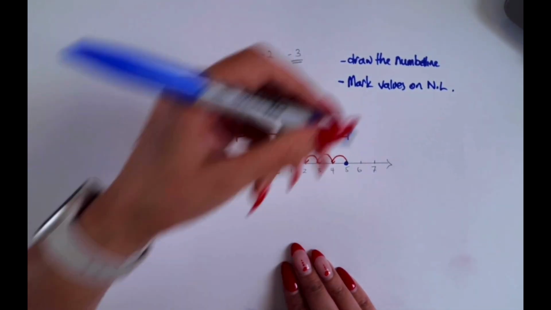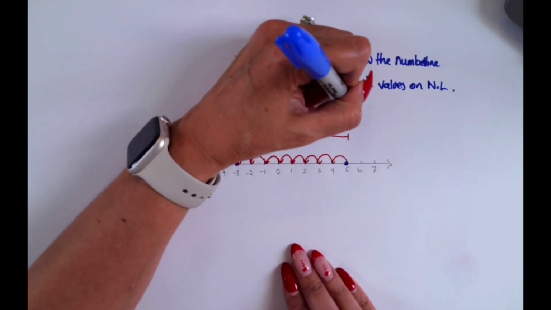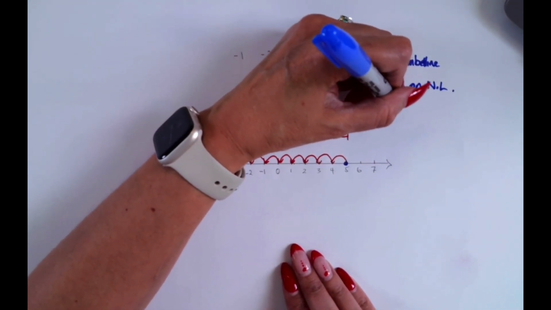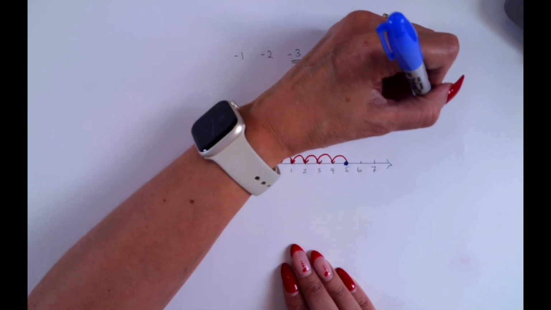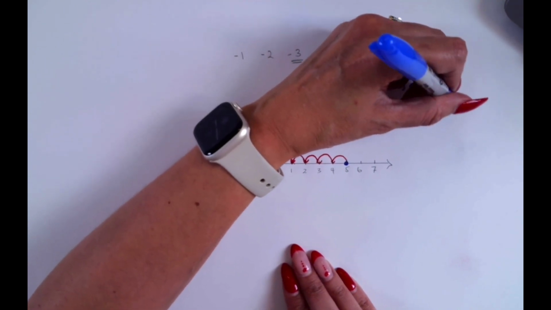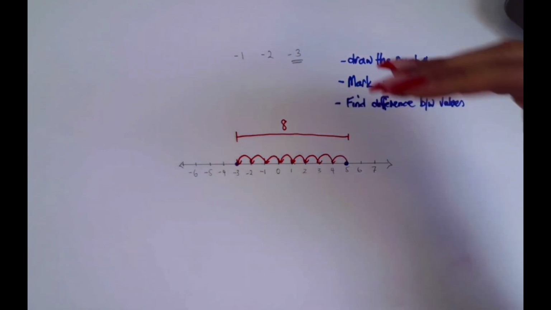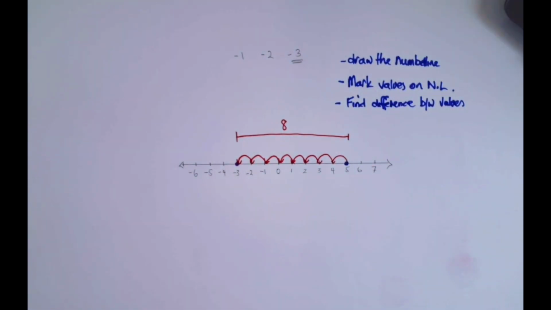And finally, find the difference between values on the number line. You want to focus on those 3 things. So again, when you're introducing integers, you introduce them using the number line and you follow these 3 things.